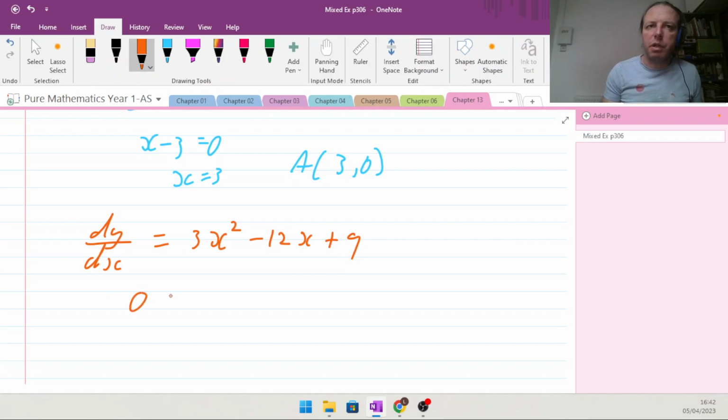For that, we're going to set it equal to 0, and we ask what's the solution to that. We're going to use the calculator to do the solutions.